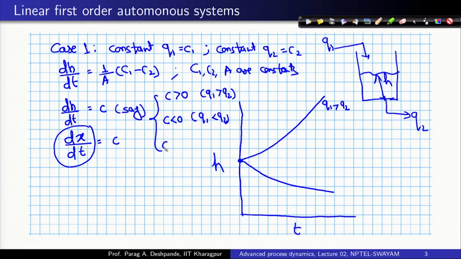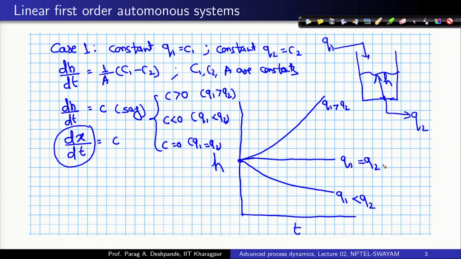And when C is equal to 0, which means q 1 is equal to q 2, your liquid level will remain constant. So, depending upon the input flow rates and the output flow rates, the level of the liquid will either increase or decrease or remain constant with time.